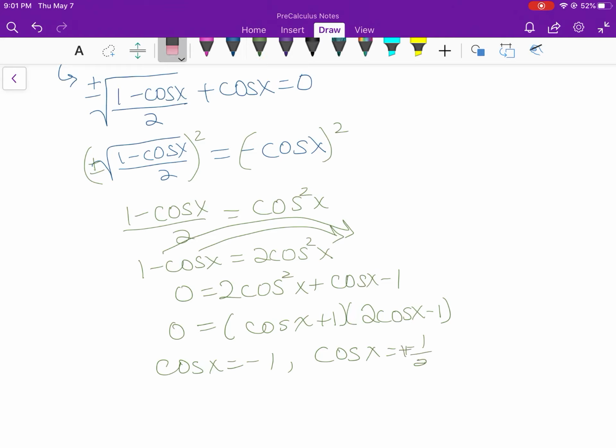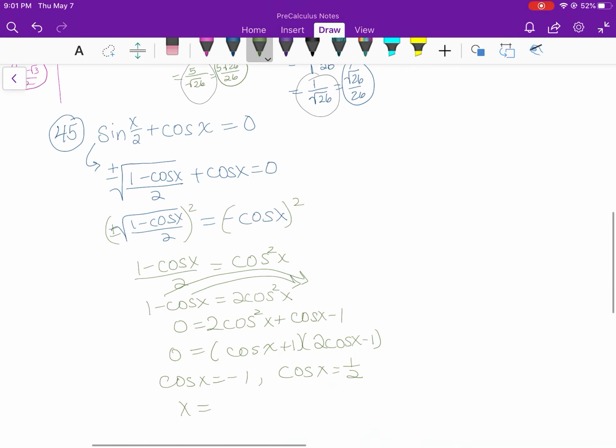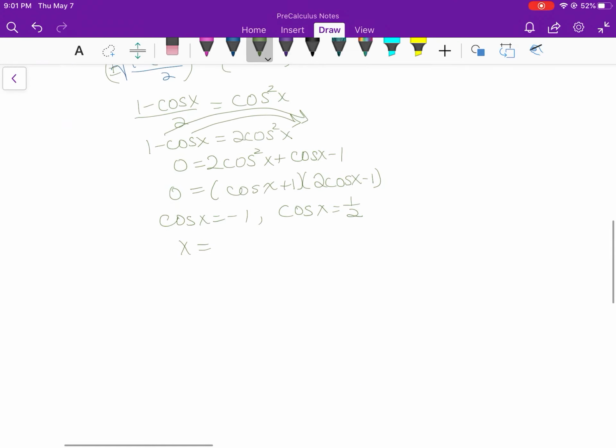Okay, let's fix that. Cosine x is a half and -1. So x would be, and we're solving this equation, I didn't write this down, but we're solving it from 0 to 2 pi. So x would be pi, x would be pi over 3, and 5 pi over 3.